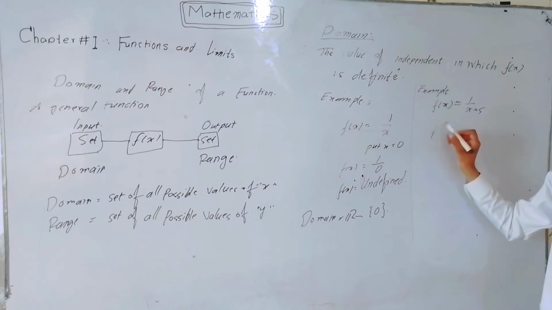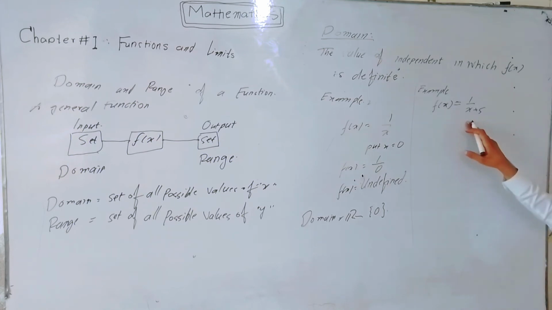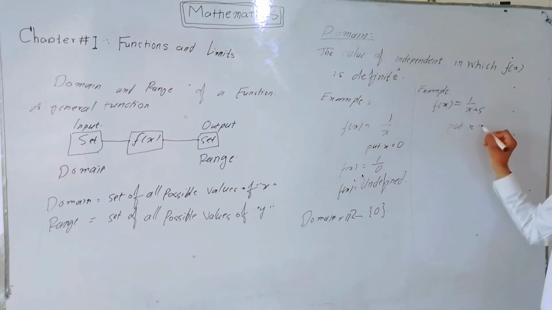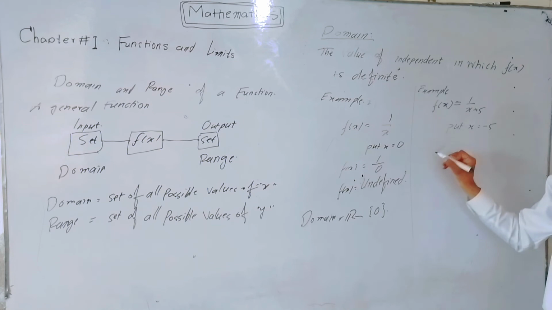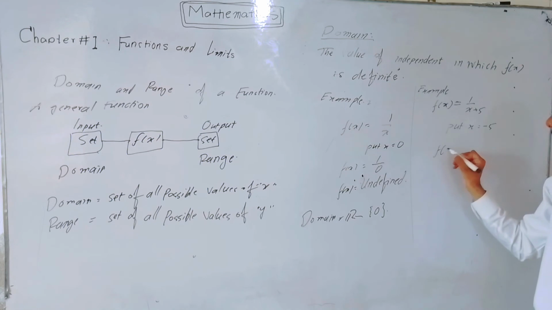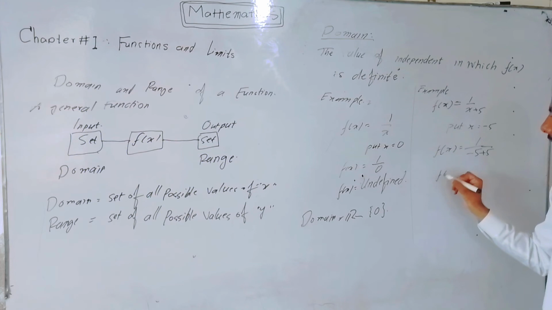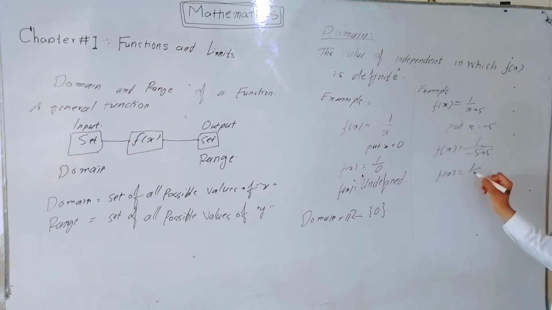Put x is equal to minus 5. So f of x is equal to 1 divided by minus 5 plus 5, which is 1 divided by 0.